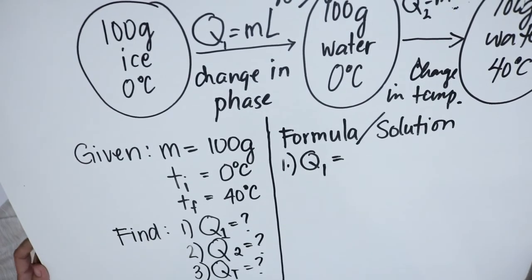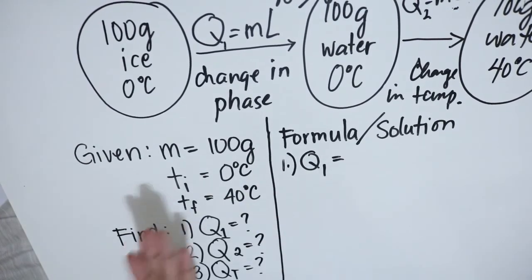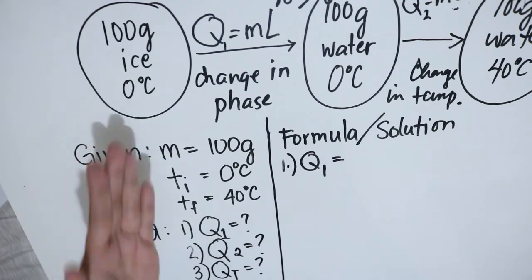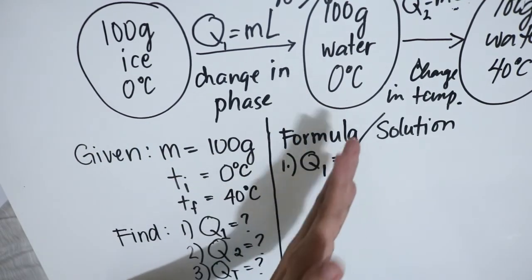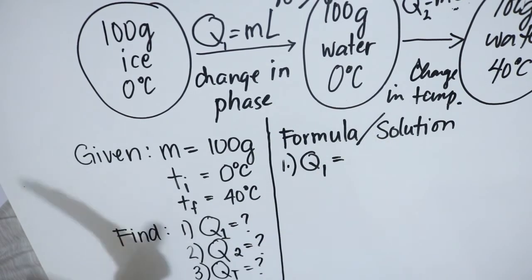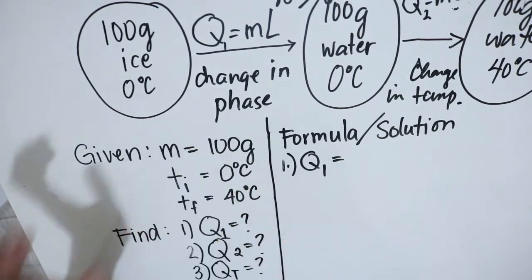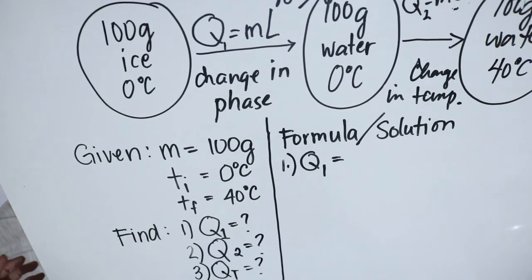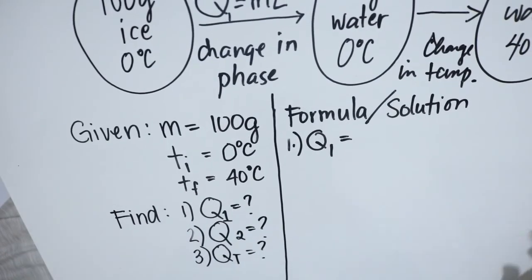Teacher, why ml? Like what I've said earlier, ice in a solid state will only change phase to a liquid state. Water, is there a change in the temperature? No. 0 degrees to 0 degrees, the energy is used to change the phase of the substance, which is the ice or the water.